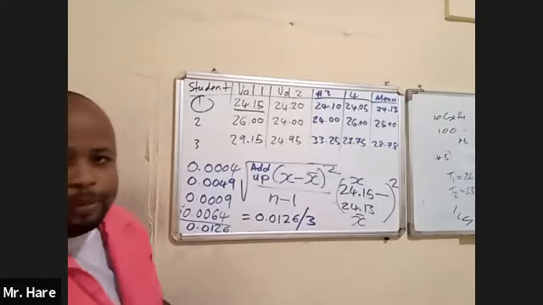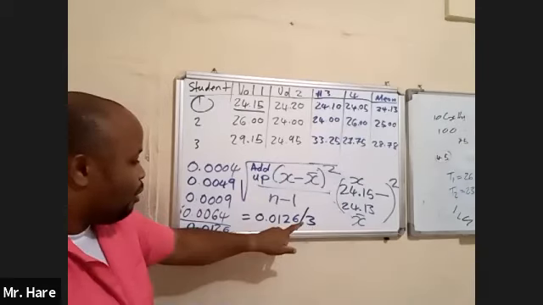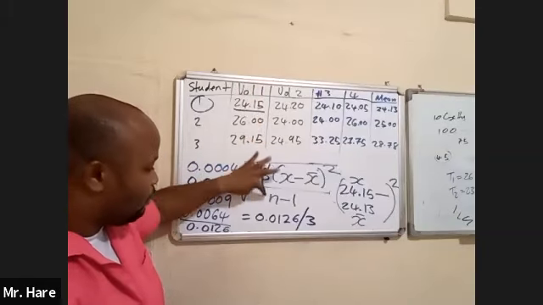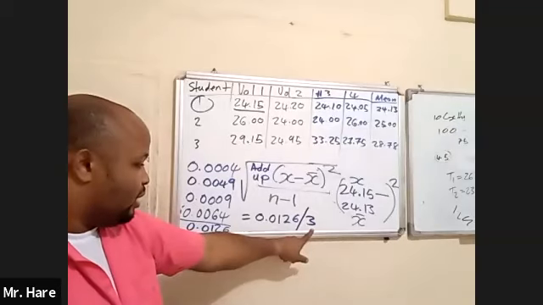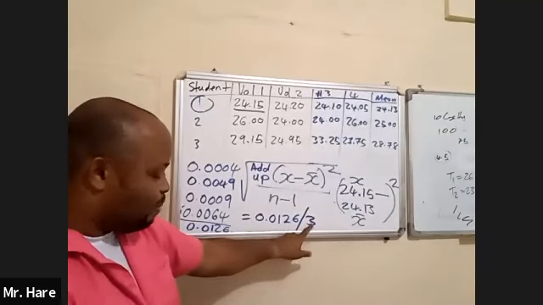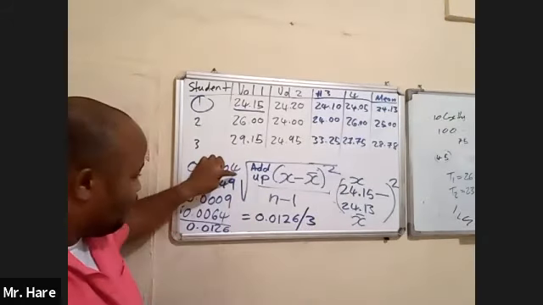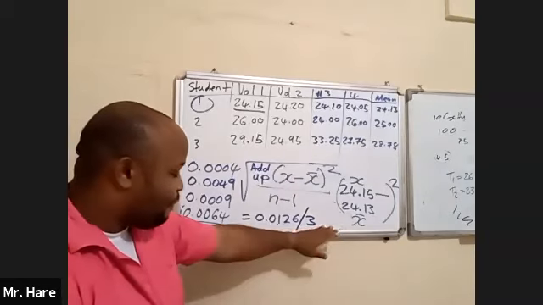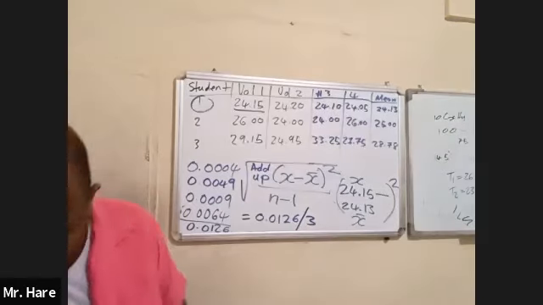Please repeat. Yes, remember n is the amount of trials, and we have 4 trials, so 4 take away 1 is 3. Right? So we're going to divide it by 3, and then the answer we get, remember, we have to square root it. So it's actually the final answer that we're going to square root.